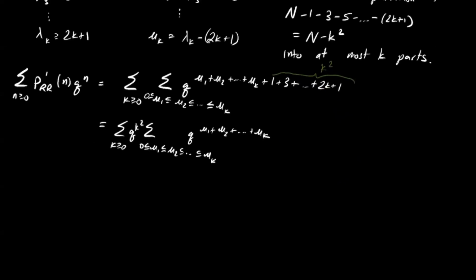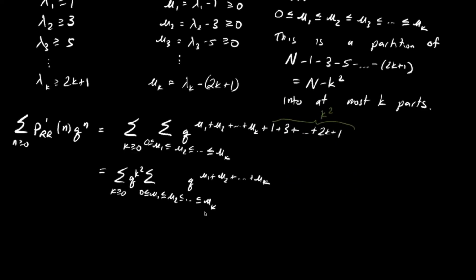So the thing to notice now, again, recall this sum with the mu's is now representing the partitions of n minus k squared into at most k parts, right? So we're representing partitions of integers into at most k parts. And we have an expression for that, right?